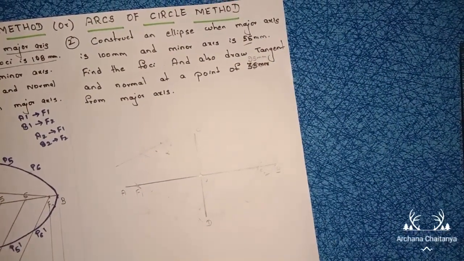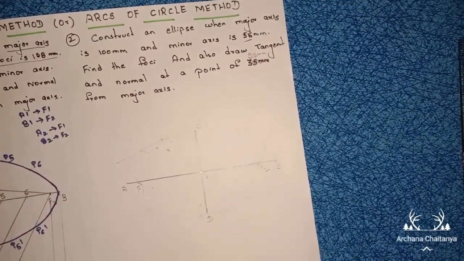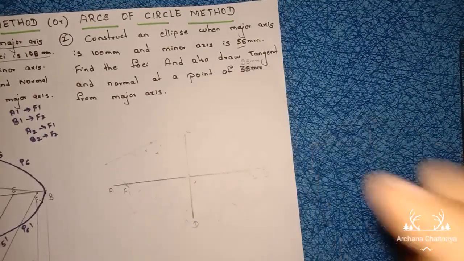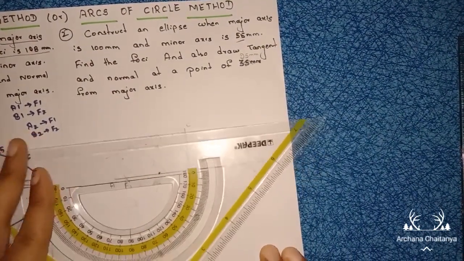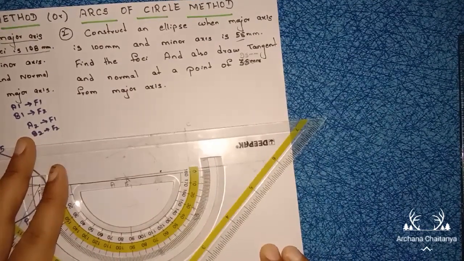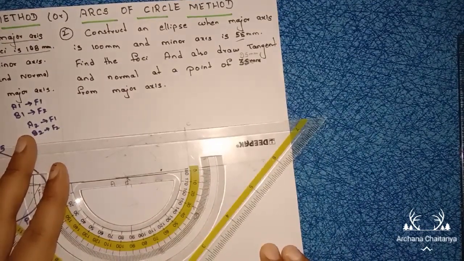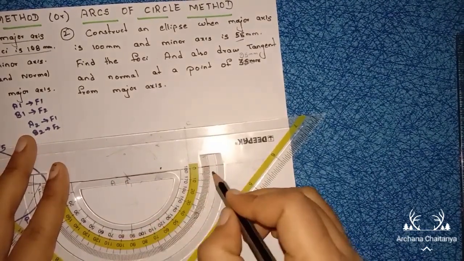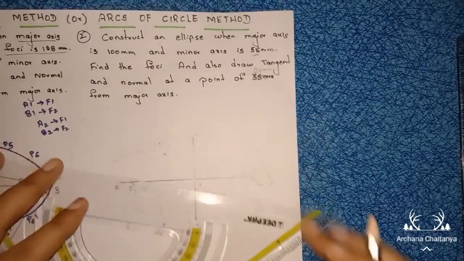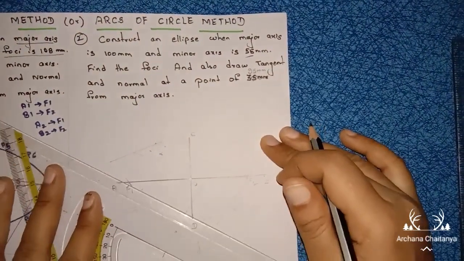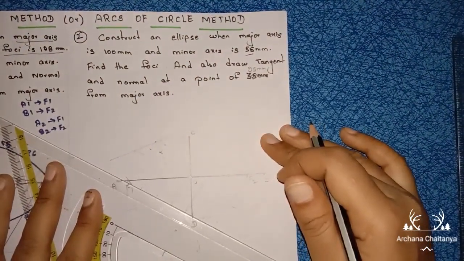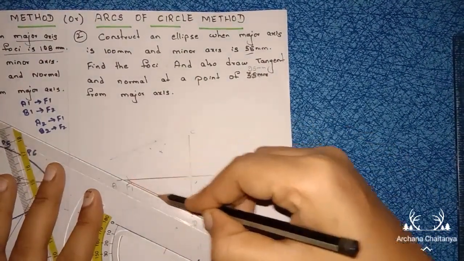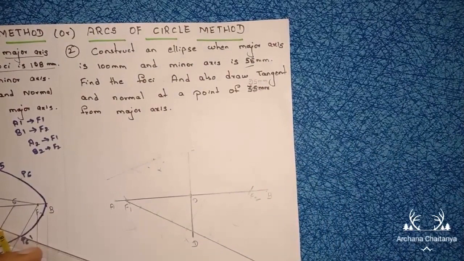So same process. After getting F1 and F2, I have to divide this F1 F2 length into a number of equal parts. How many equal parts? 6 to 8 you can divide. So I am keeping my protractor on this major axis, right? From focus I am taking a 30 degree angle and drawing it here, right?